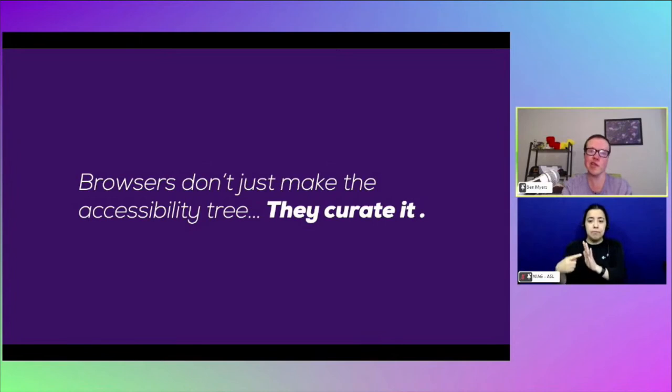Because the browser is reading our CSS and going, oh, well, this CSS is creating this experience for sighted users. That's part of the experience. Let me just curate, tweak, modify the accessibility tree in a certain way to provide a similar experience for people who rely on assistive technologies like screen readers.